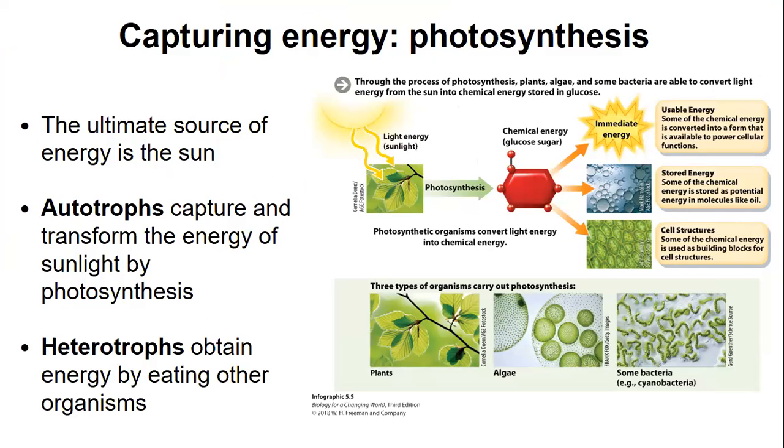So the sun is the ultimate source of energy for planet Earth, meaning no matter how you want to slice it or dice it, whether it's wind, geothermal, fossil fuels, natural gas, or nuclear energy, when you really cut it all down to the basics, it is the sun that we cannot survive without.